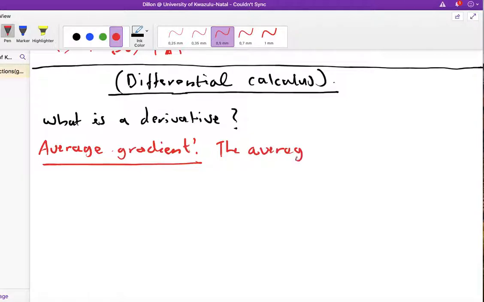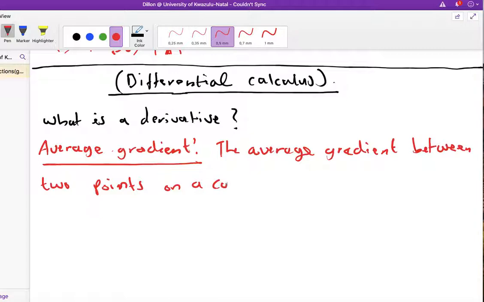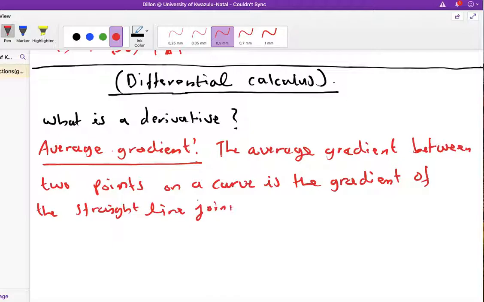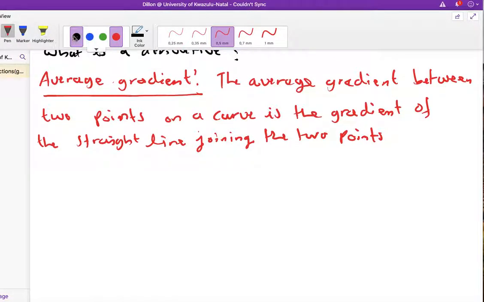The average gradient between two points on a curve is the gradient of the straight line joining the two points. Now, let's further impose a few other things.